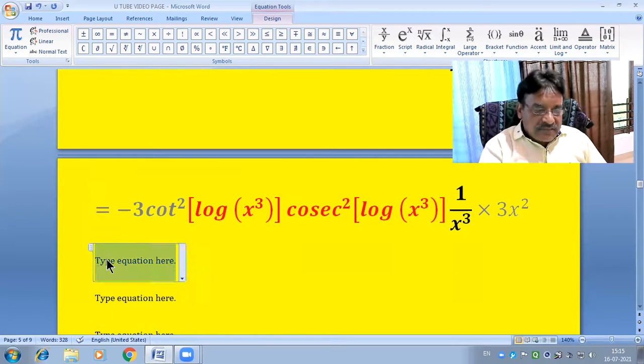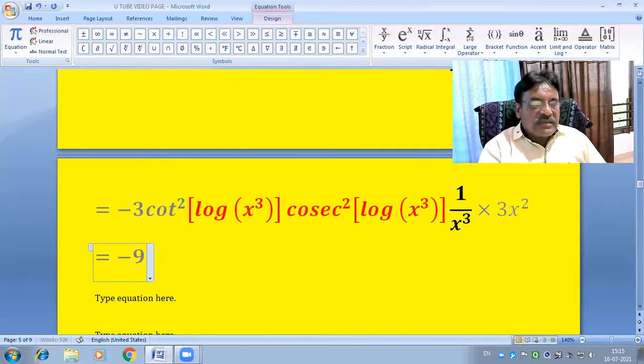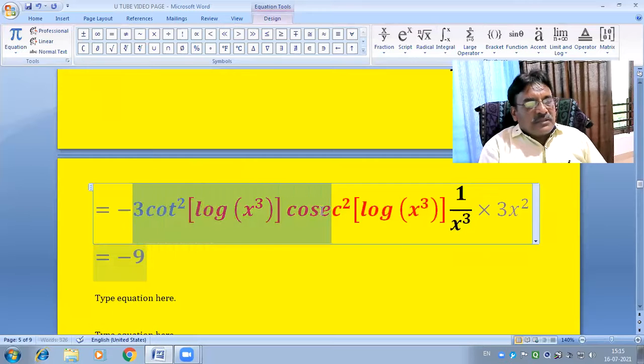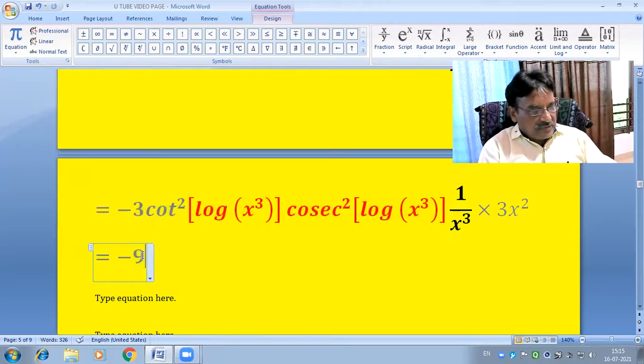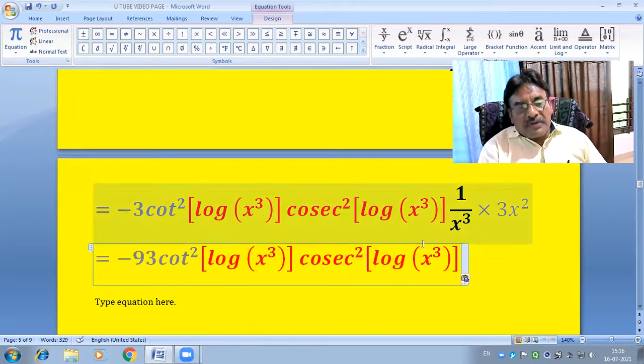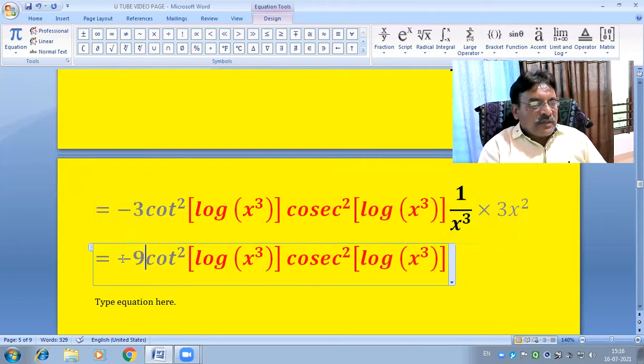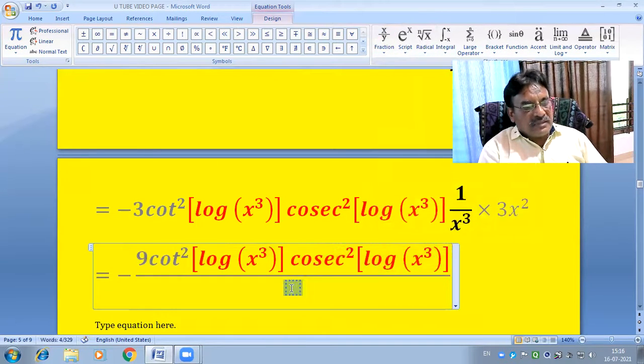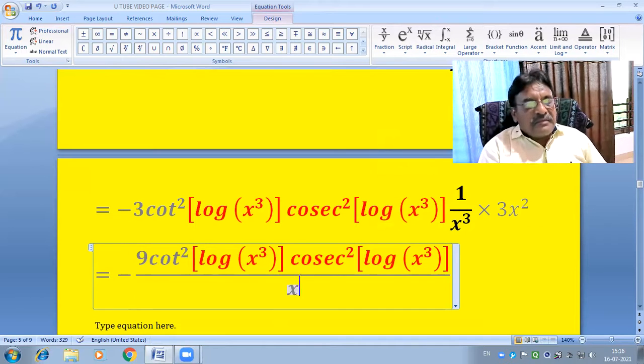So here it is equal to minus 9 cot square log x cube cosec square log of x cube, up to this as it is, upon the remaining x. So in the denominator we write x. And this is the required dy by dx.